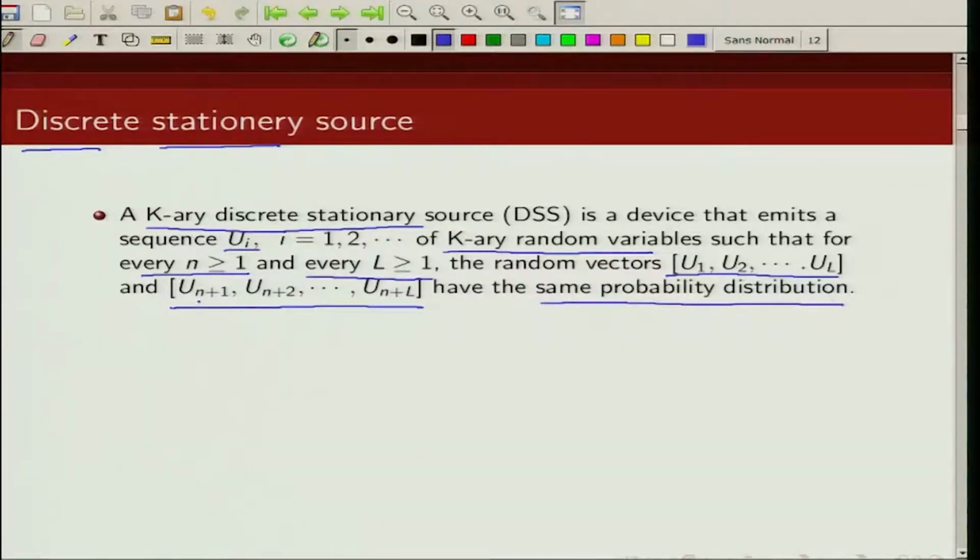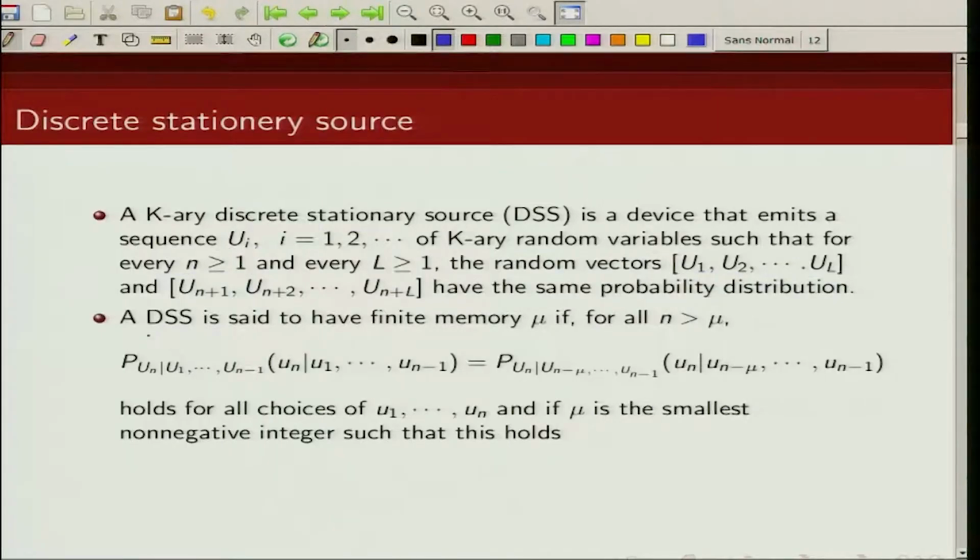So it does not matter what n is. n can be 2, 3, 5, 100. If these random vectors have the same probability distribution, then it is a stationary source.